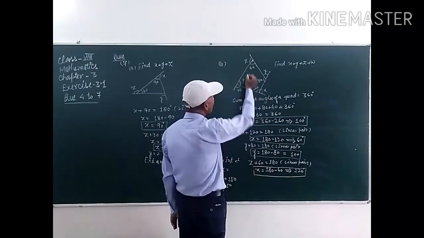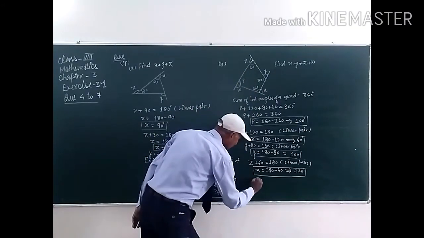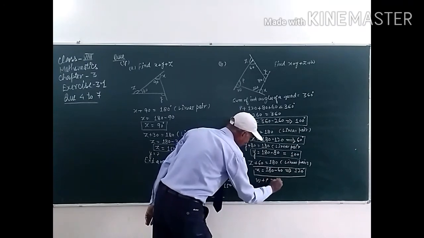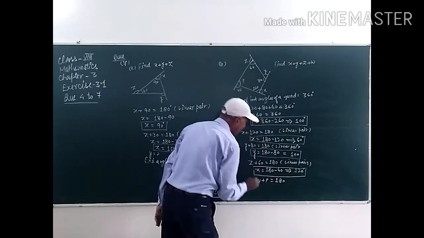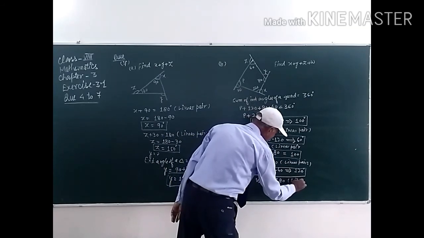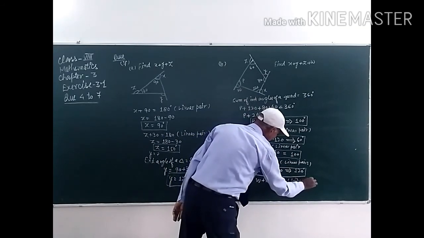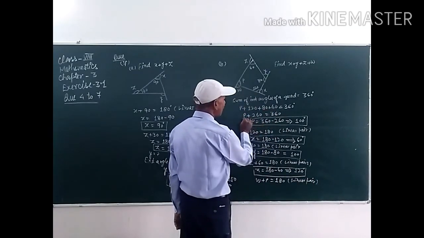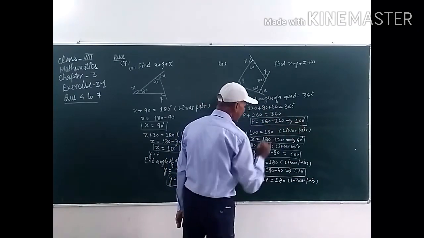Now we have to find out w. W plus p is equal to 180 degrees because of linear pair, student. We have already found the value of p. P is 100 degrees, student.